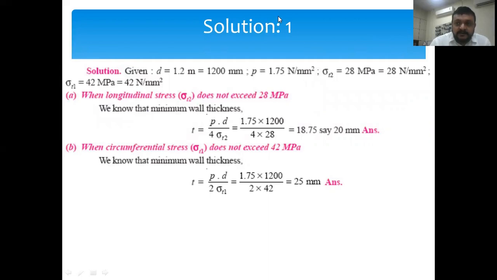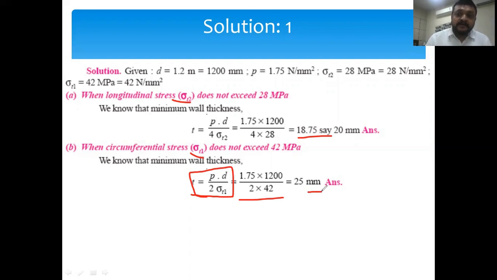Sigma T2 is given, so T is equal to PD over 4 sigma T2, and find out this. And then circumferential sigma T1, T is equal to PD over 2 into sigma T1, is equal to 25. And ideally, I have already discussed that.